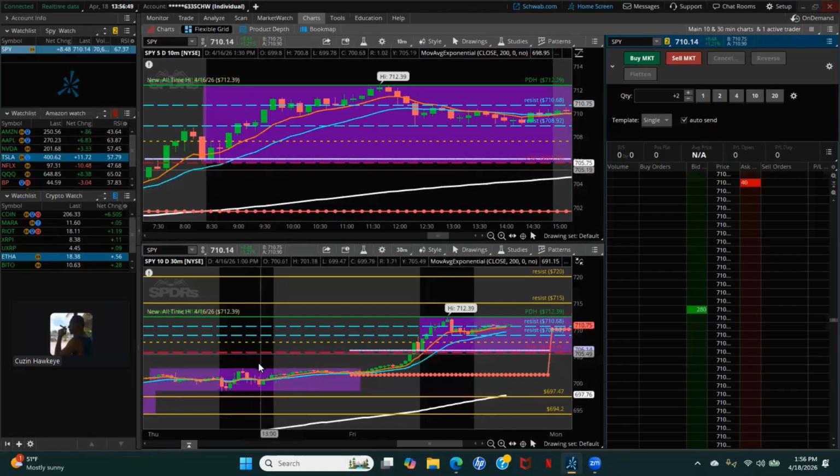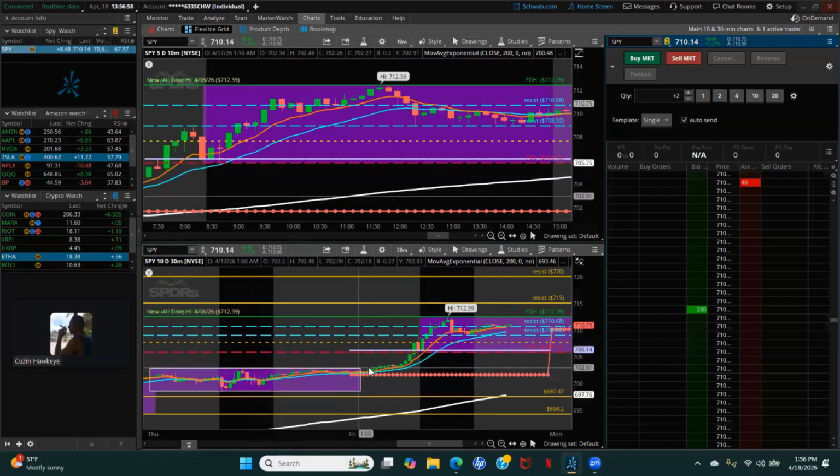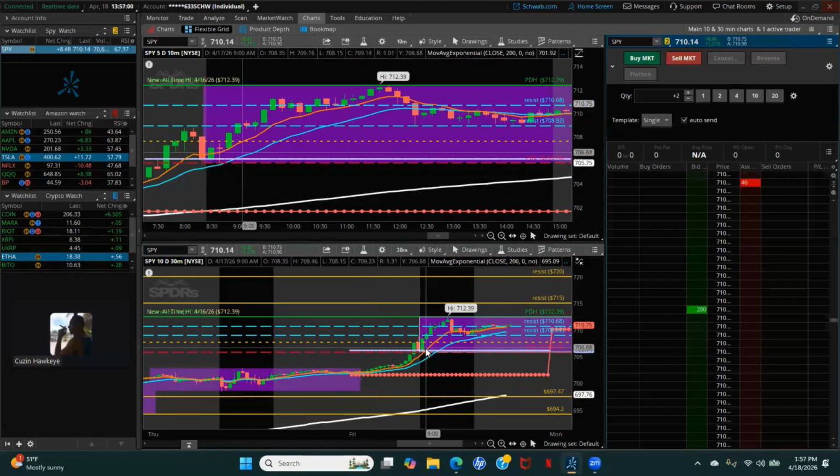As you see here, I'm back down on the 30-minute chart. From Thursday to Friday, I already knew it was coming out of the last purple box and it was going higher. So I did not have to guess whether I was going to take calls or puts. Of course, we never know for sure, but it was pretty obvious that the market was going to go up.